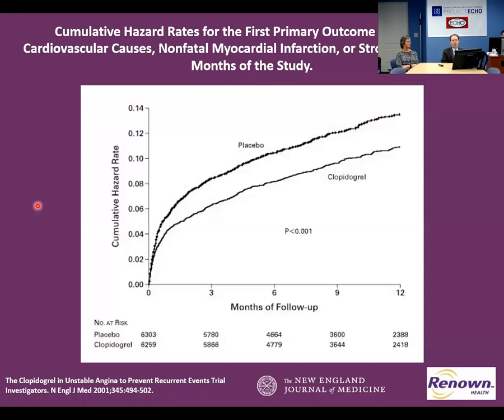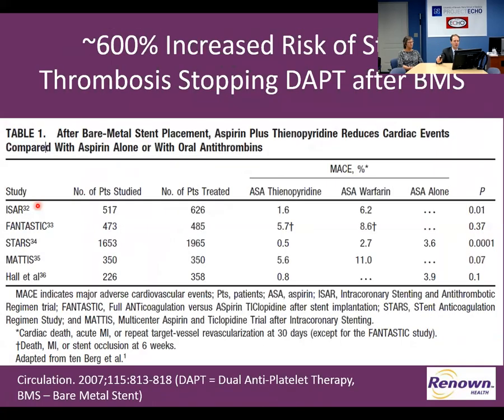So you want to de-inflame that coronary tree for about that period of time to achieve maximum benefit in terms of event rates. And that's why we use it for a year. Grafts, bare metal stents, drug-eluting stents, or nothing, unless there's a clear reason to stop.